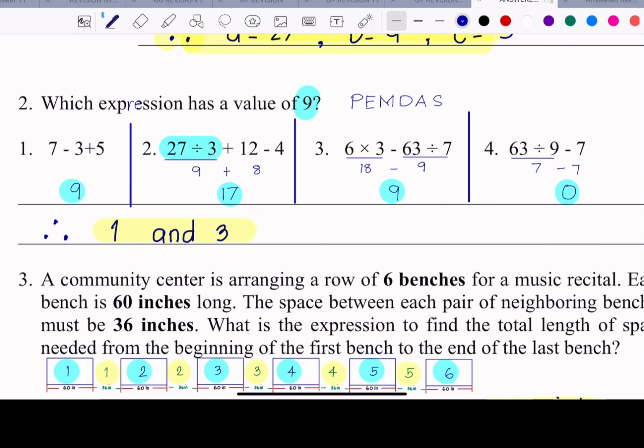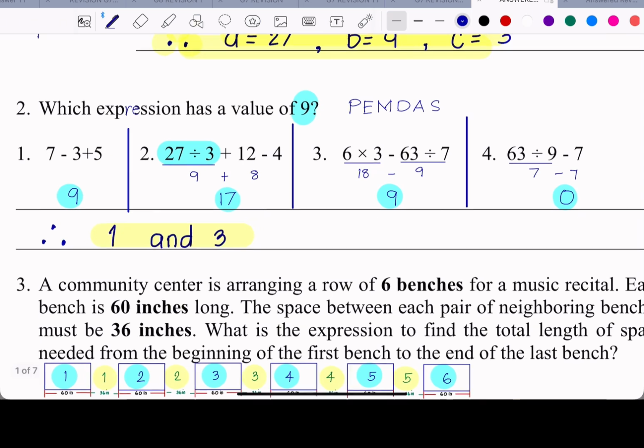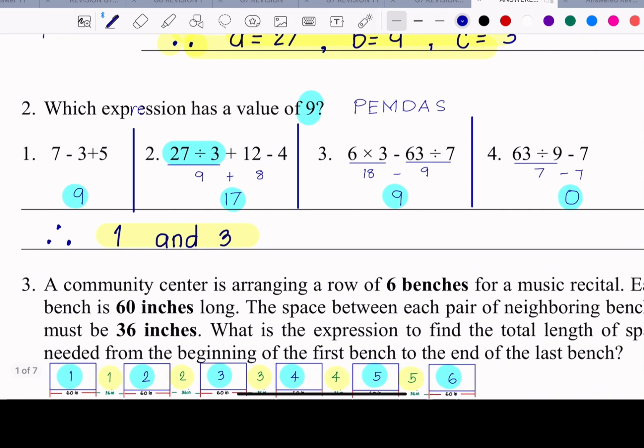Then we can just add 9 plus 12 is 21, minus 4 is 17. Or we could say 27 divided by 3 plus 12 minus 4, which is 8. So 9 plus 8 gives us 17.